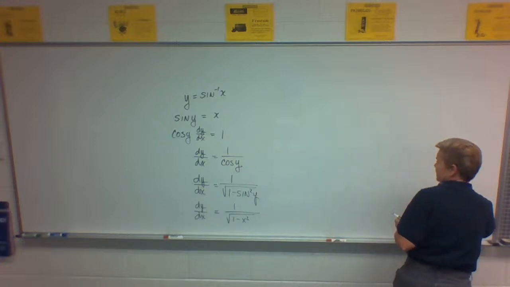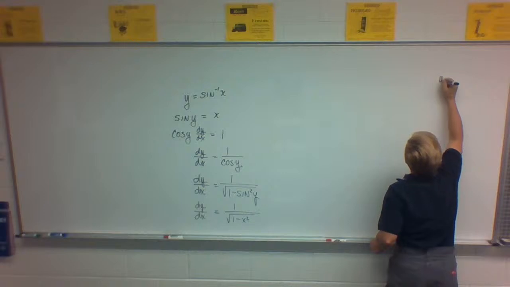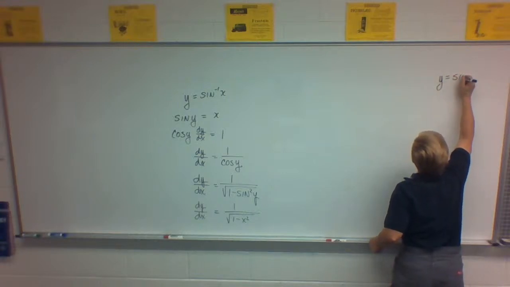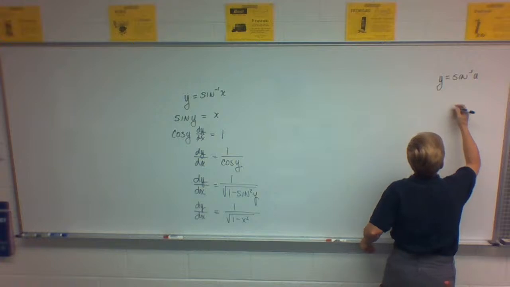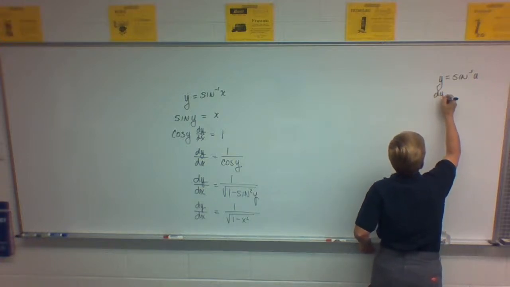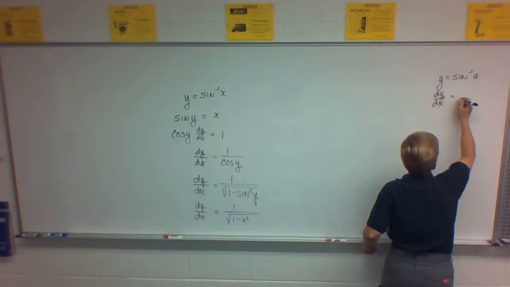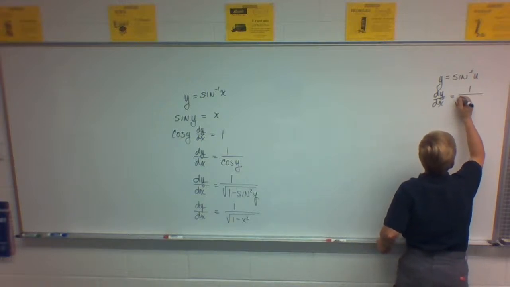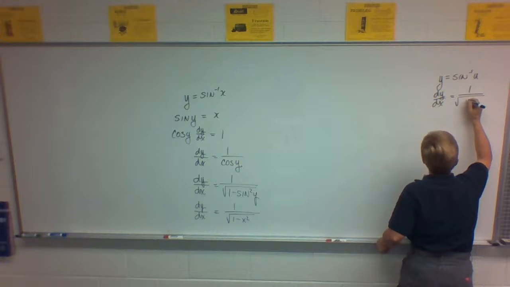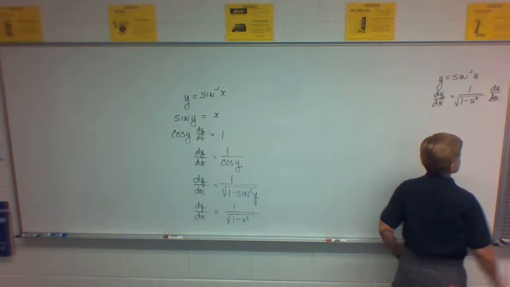What we said is that in all of this work that we did here, if y is equal to the inverse sine of a function, I'll call it u, you'll see why in a minute, then the derivative of that with respect to x is equal to 1 over the square root of 1 minus u squared times du dx, because of the chain rule.